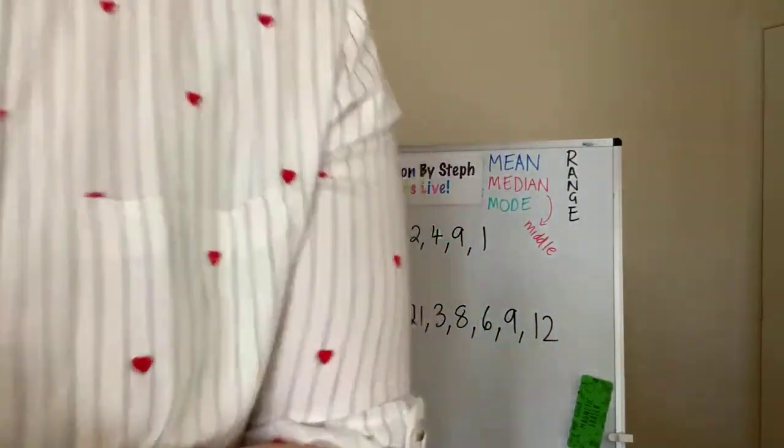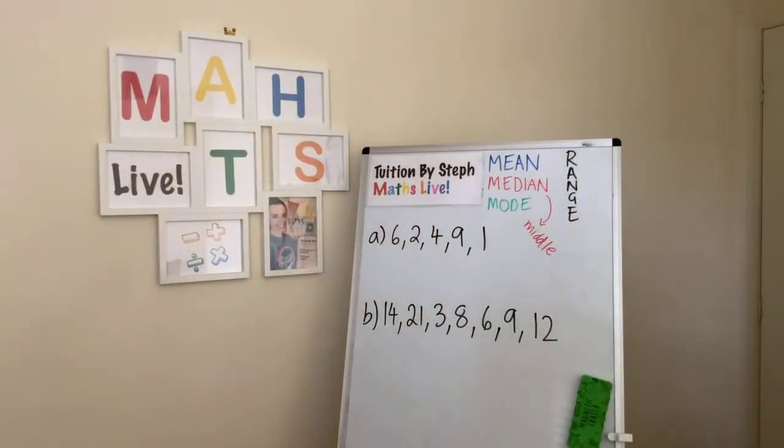Have a go at those. Sorry, I've got a squeaky bottle. That's my drinks bottle. That's it. Just do the middle. So just put them in order first. So those numbers, put them in order, smallest to biggest.